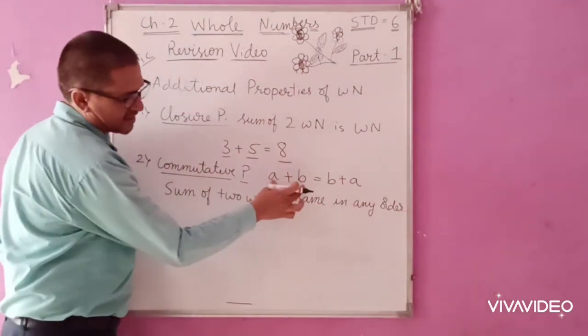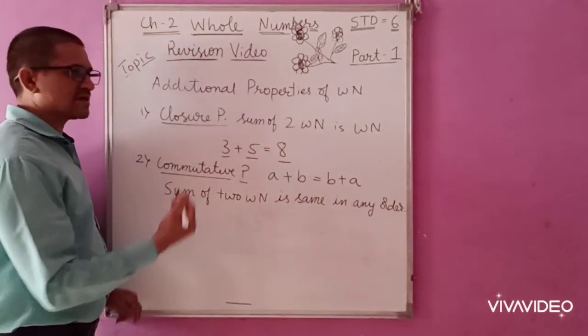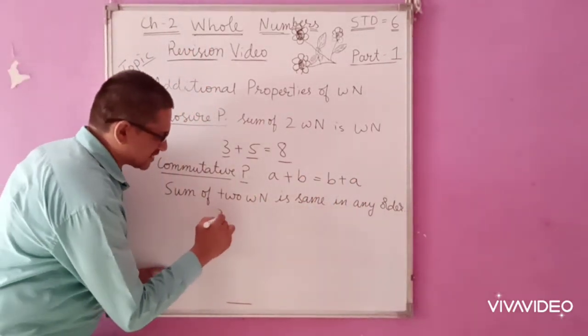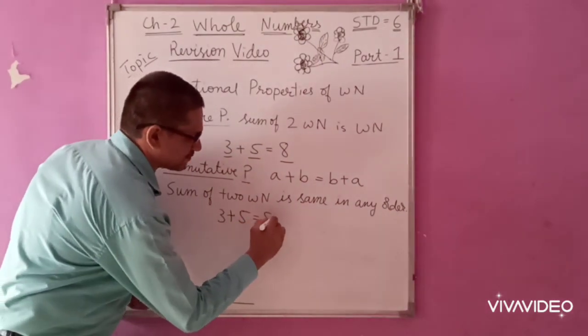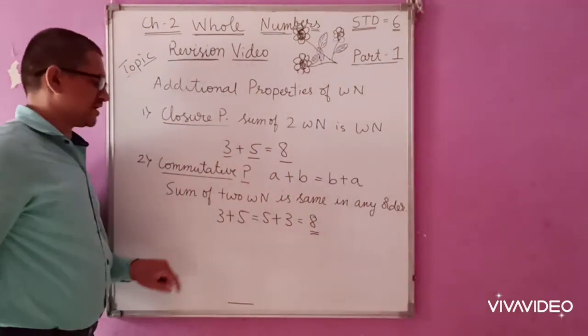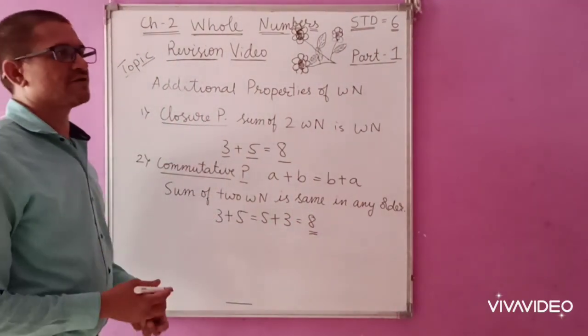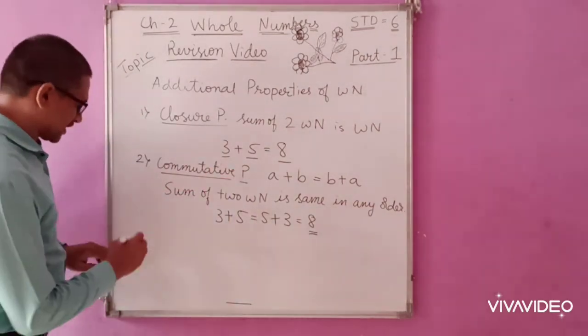When you add A plus B or B plus A, both the answers are same. Example, 3 plus 5 is equal to 5 plus 3. Both the answers are 8. So in any order you add, it doesn't matter. So that is commutative property.